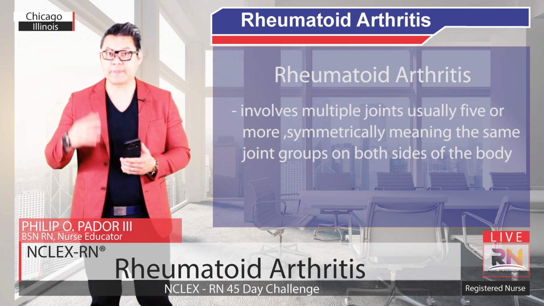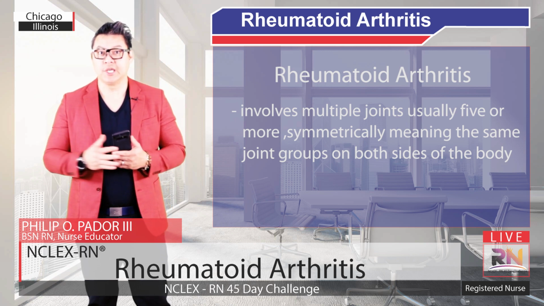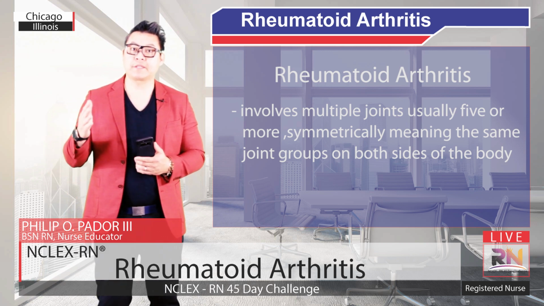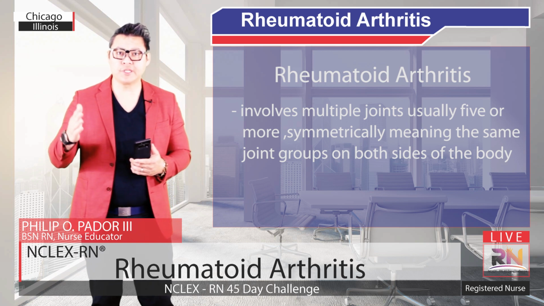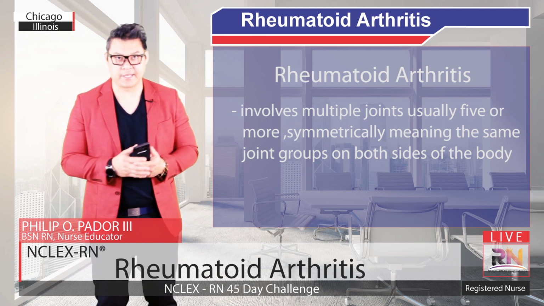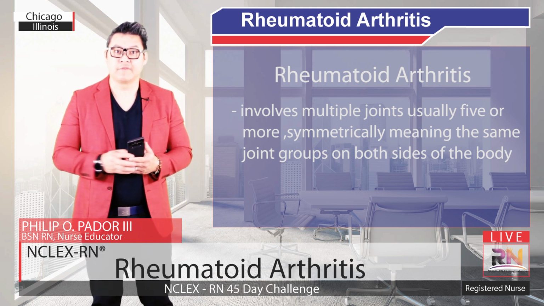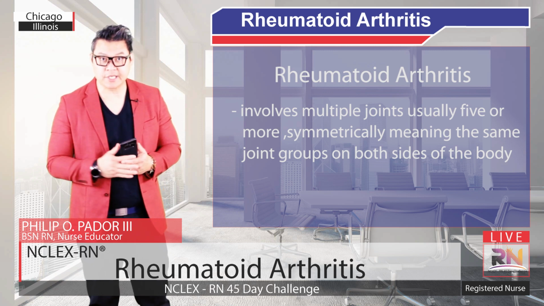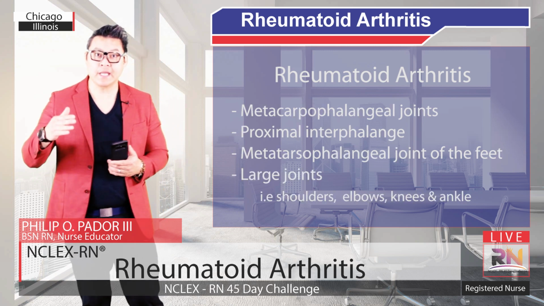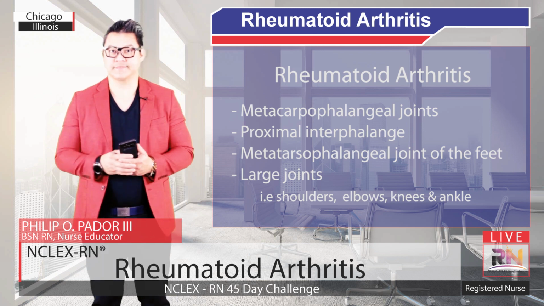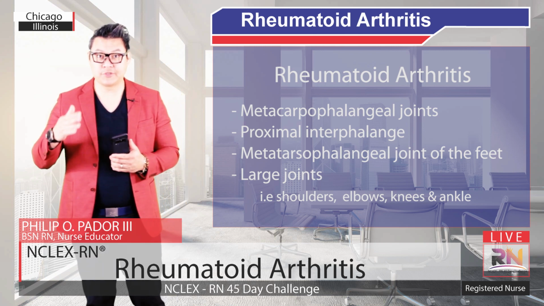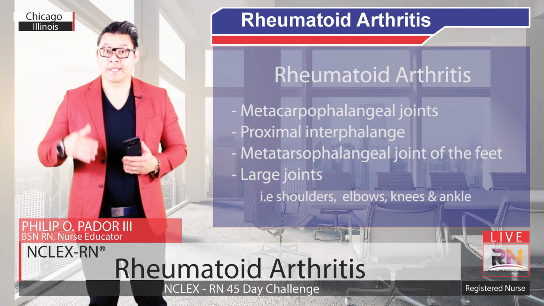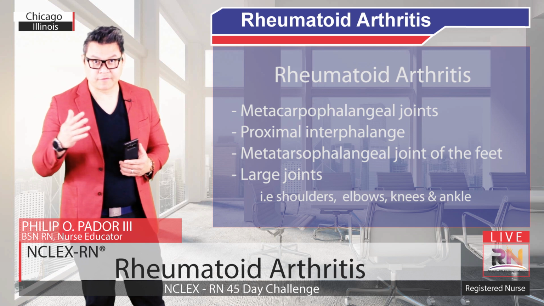Rheumatoid arthritis typically involves multiple joints, usually 5 or more, symmetrically, meaning the same joint groups on both sides of the body, like both hands, for instance. Commonly affected joints are the small joints like the metacarpophalangeal joints and proximal interphalangeal joints of the hands, and the metatarsophalangeal joints of the feet.